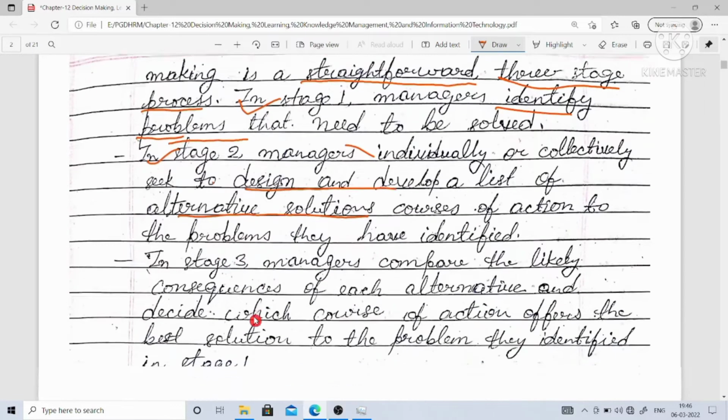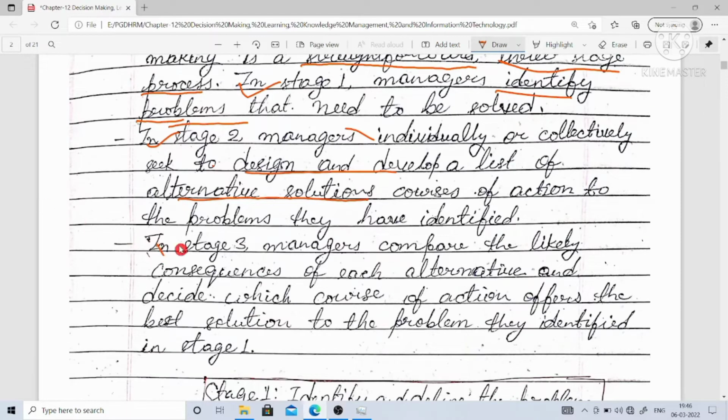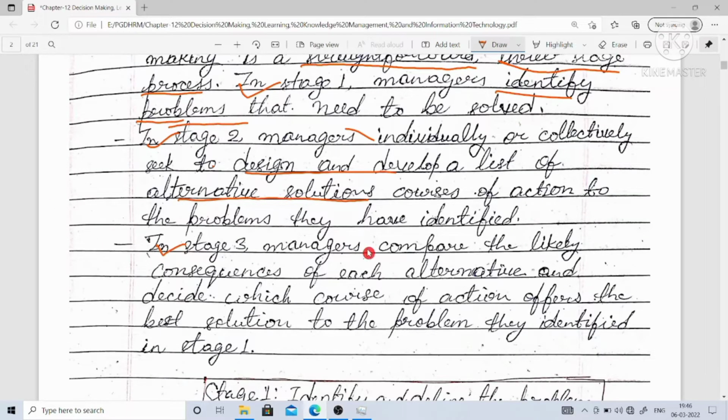And in the third stage, we compare the likely consequences of each alternative. First identify, second design and develop alternative solutions for the identified problems, and then compare the consequences of all the alternative solutions.